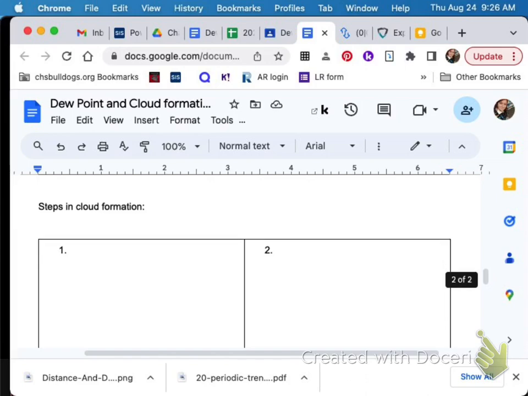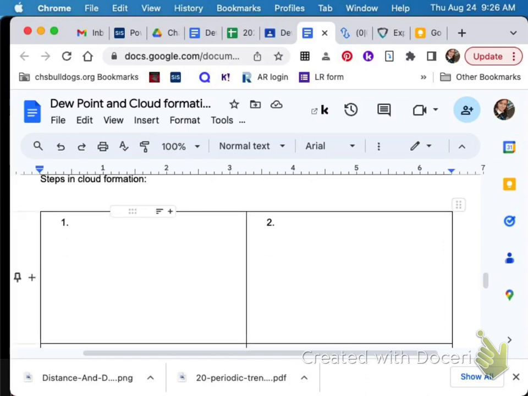This concept of dew point also affects our understanding of cloud formation. So the first thing that happens when clouds are formed is we have warm, moist air rising.